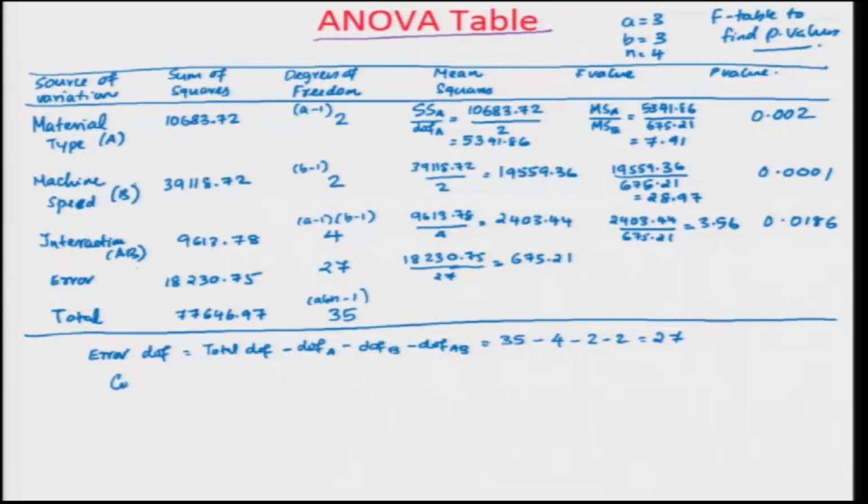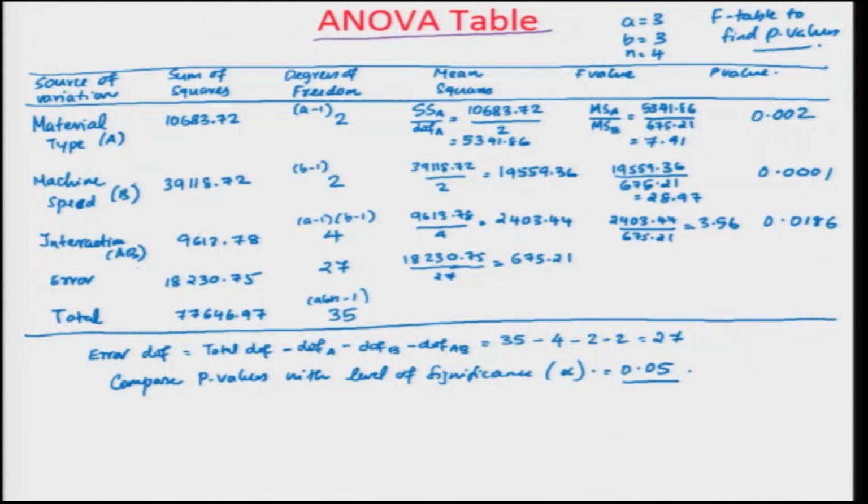So, what we say is that we compare the p values with the level of significance, which is alpha. If the alpha is 0.05, then all these factors are significantly important for us.